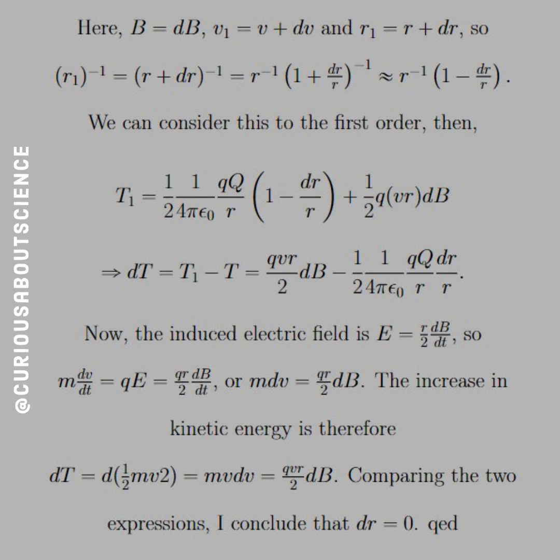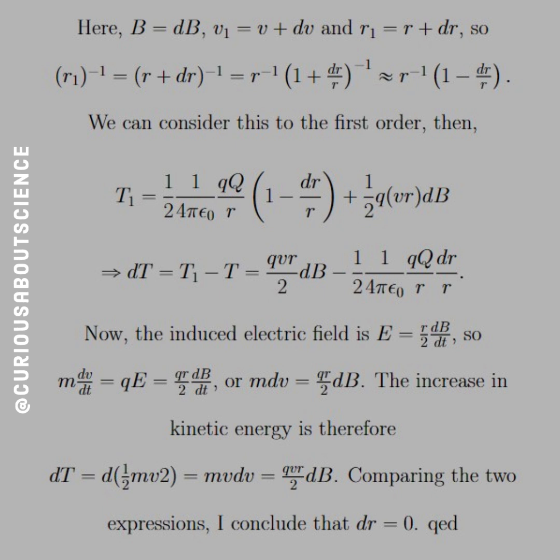Solving this for m dv, we get q r over 2 dB. The increase in kinetic energy is therefore, anywhere we see an m dv, we can plug that in. For dT, we take the derivative of 1/2 mv squared, and the v squared comes down, so you get m v dv.